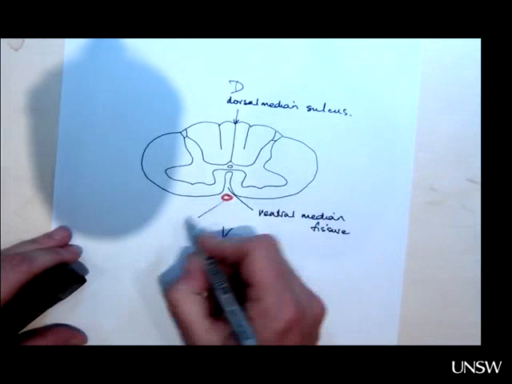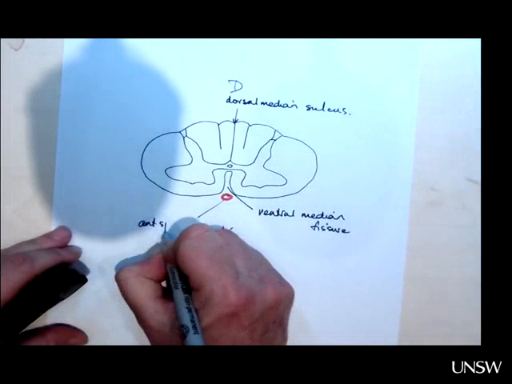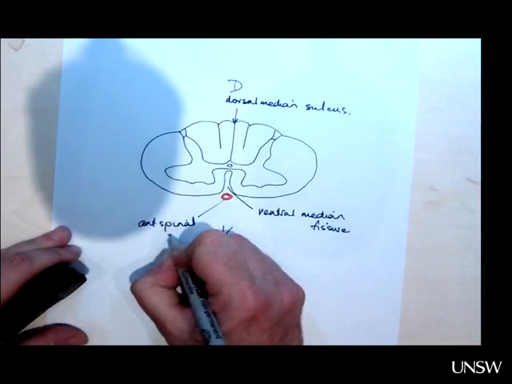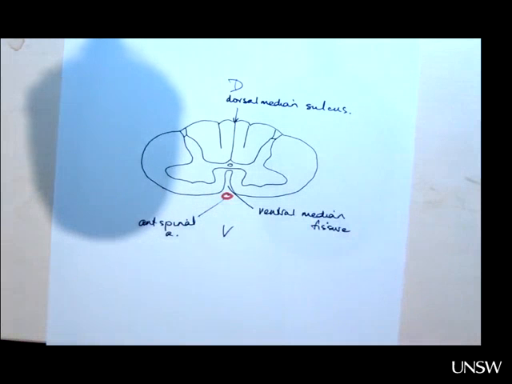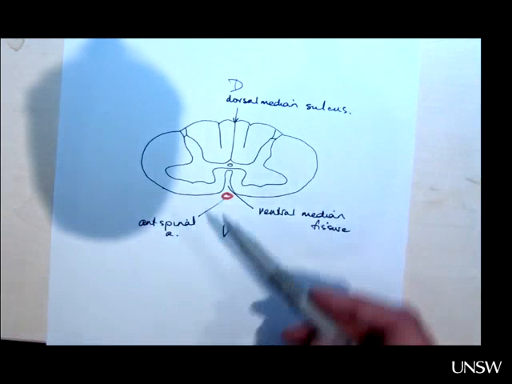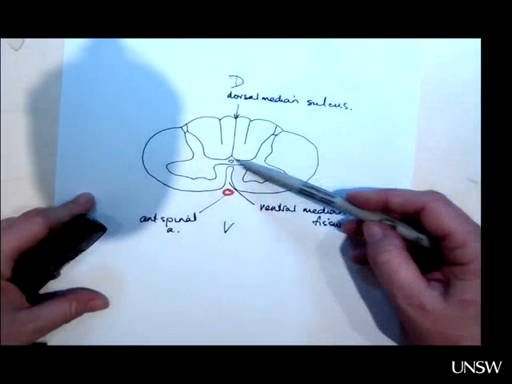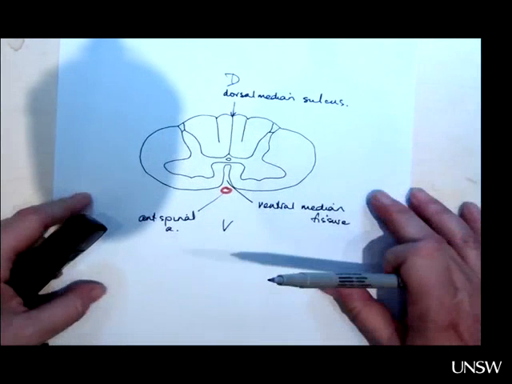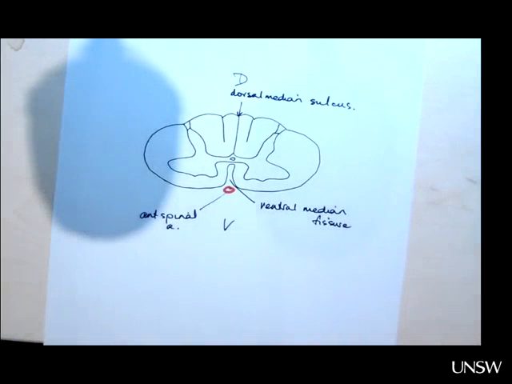That's the main artery supplying the spinal cord, called the anterior spinal artery, and it supplies about 2/3 of the spinal cord. The only part it doesn't supply is a little bit at the back here, okay? But it's also a landmark for identifying the anterior surface there, okay?